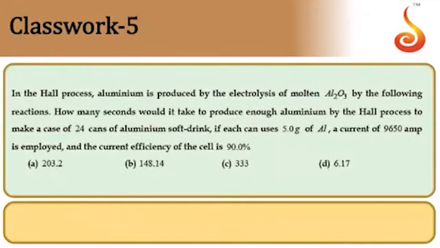Next one. In Hall's process, aluminum is produced by electrolysis of molten Al2O3 by following reactions.